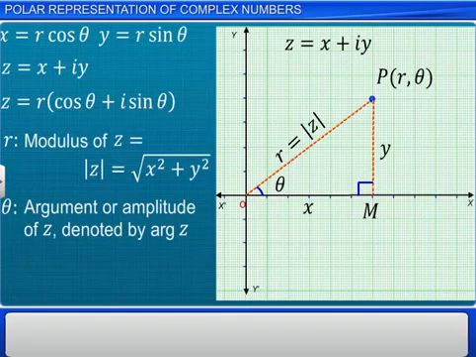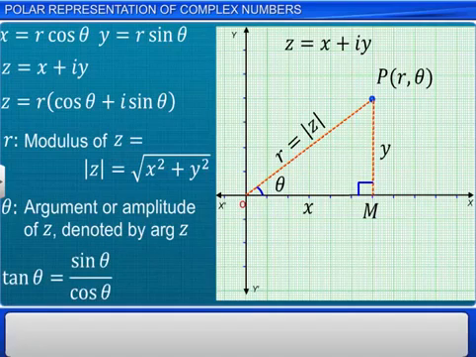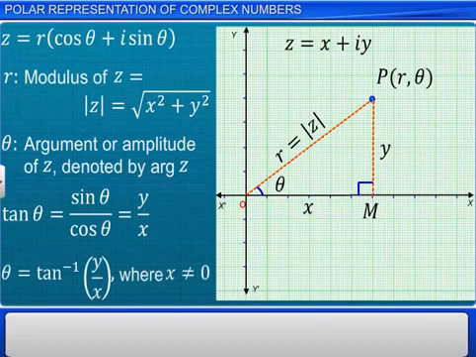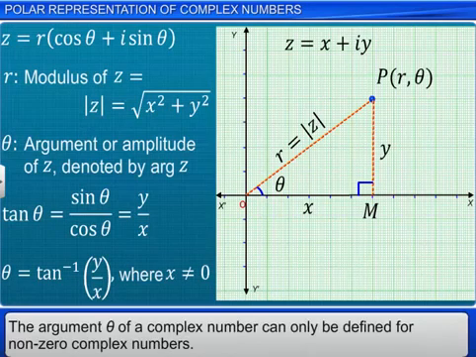We know that sin theta divided by cos theta is equal to tan theta, which is equal to y divided by x. Therefore, theta is equal to tan inverse of y divided by x. This implies that the argument theta of a complex number can only be defined for non-zero complex numbers.